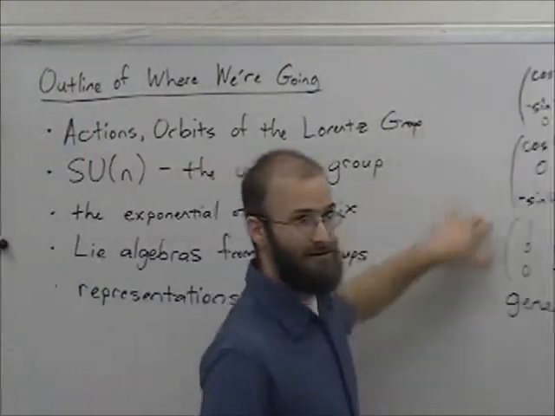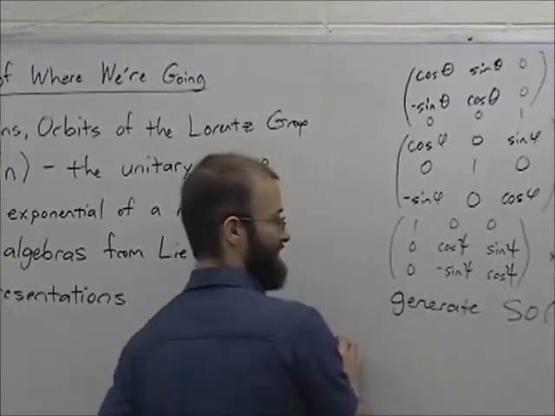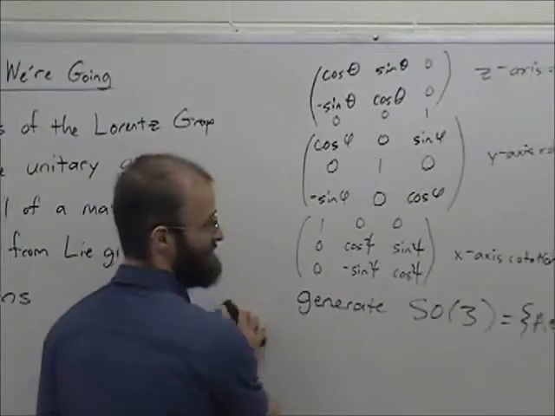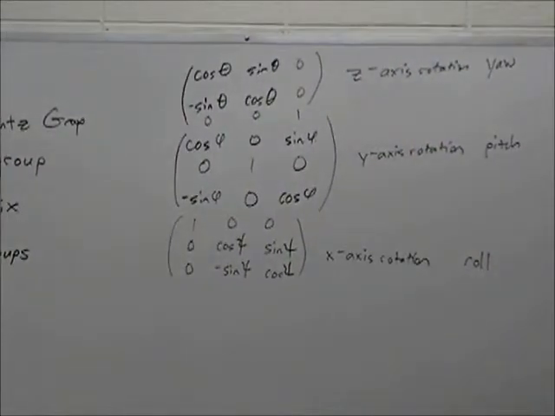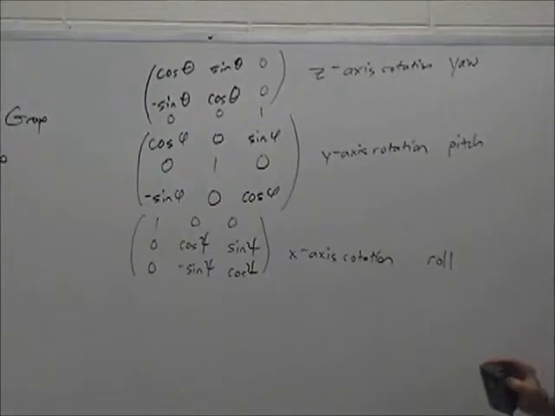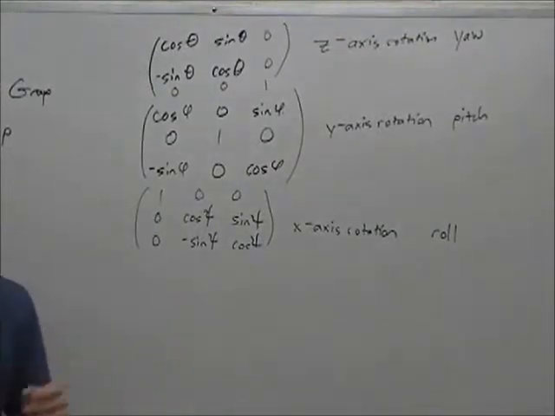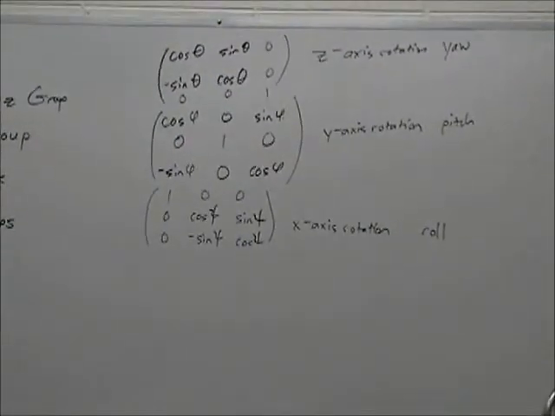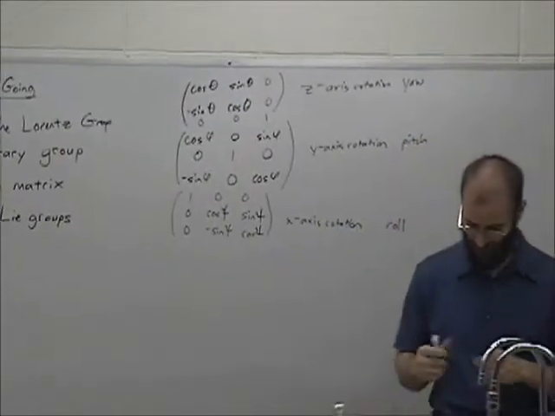So I'm going to erase these. These were just the generators of the special orthogonal group in 3 dimensions. Actually, I'm not going to erase them, because I want to juxtapose these with a different set of matrices. I'm going to come far right to leave this.